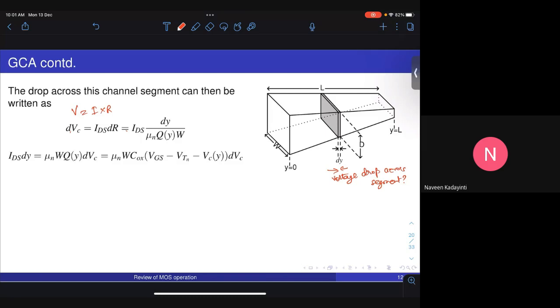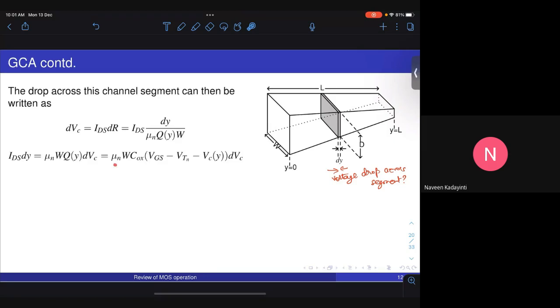So now we can just rearrange this. IDS into dy will be, I'm just taking this to this side, mu n into W into Q of Y into dVc. Okay, Q of Y, we again have an expression for it in terms of Cox.